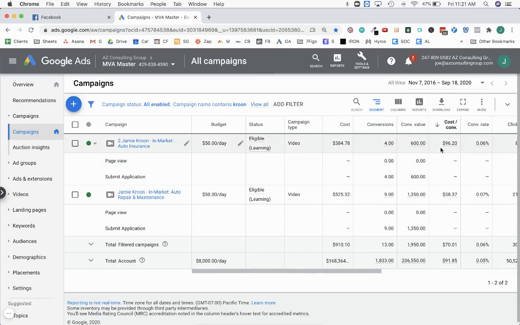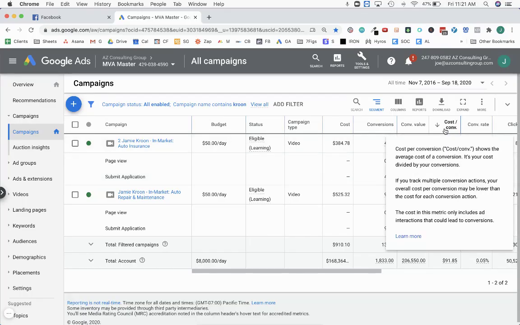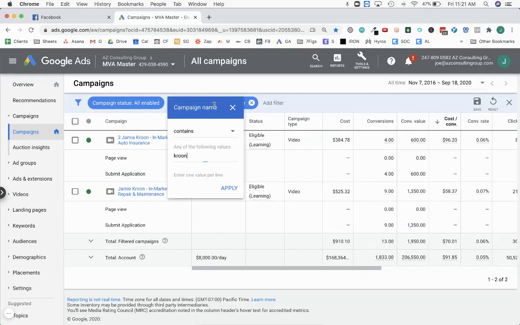If it gets above 120, I would probably turn that off. But the fact that she already has another campaign converting for $58, I'm going to keep a closer eye on this. And if it starts to increase in cost, maybe I'll come back the next day. If it's above 100, I'll turn it off, since this is converting at such a great price. But for now, again, I just want to let this run and see if Google will help it drop that cost.